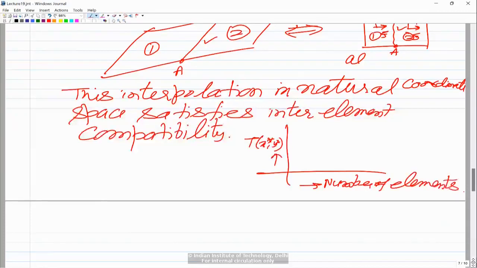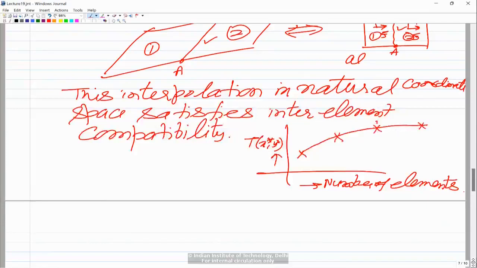So when we plot this distribution, if the element is actually compatible, then you get this kind of a convergence curve. With a smaller number of elements, you get this as a temperature. Then you double the number of elements, you get this. Then you further increase the number of elements, you get this, and further increase, you get this as the temperature.